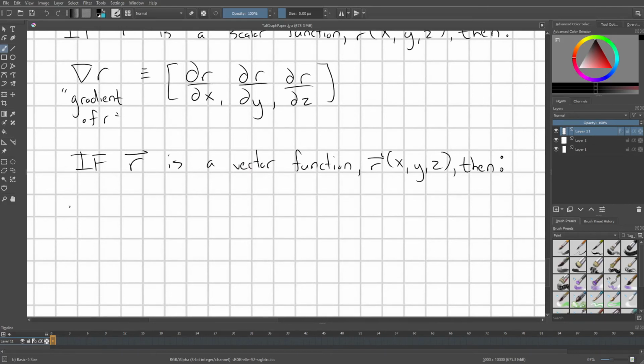The first is the divergence of r, which is defined as the gradient dotted with r, which let's imagine what that would equal.